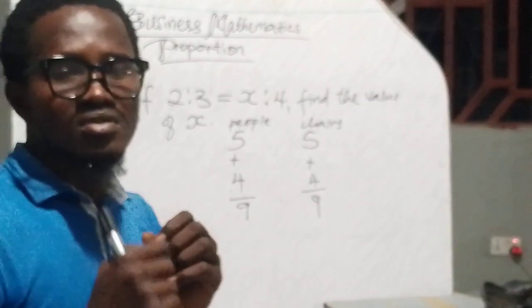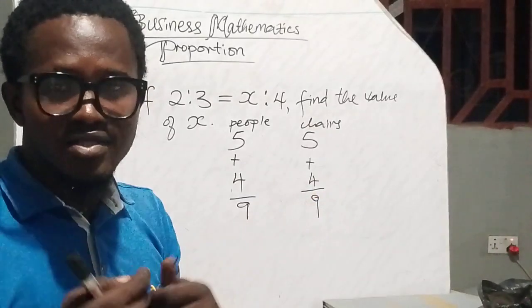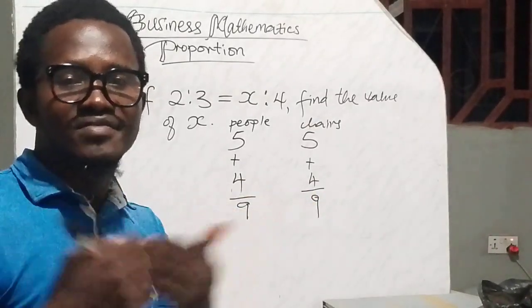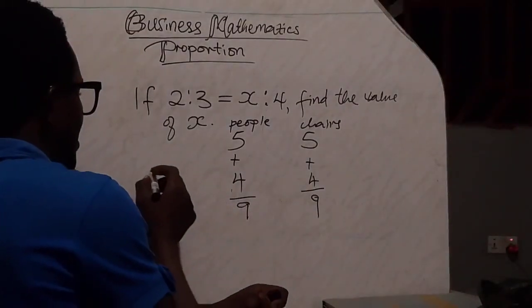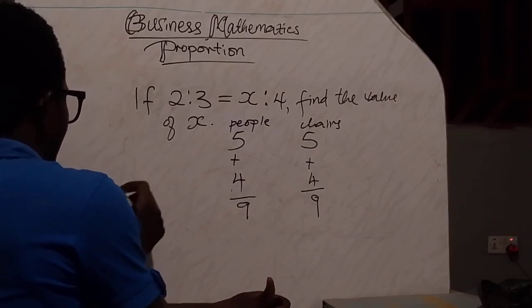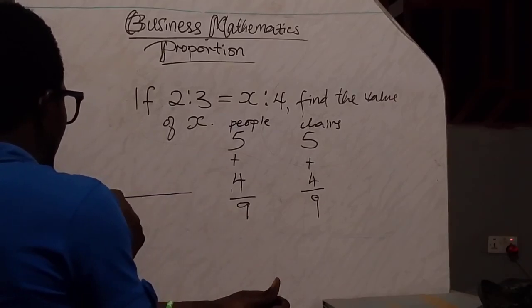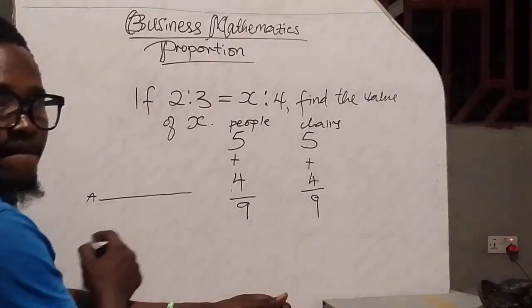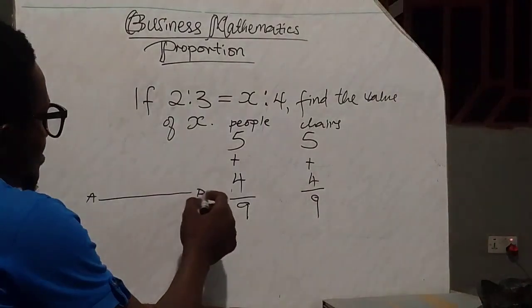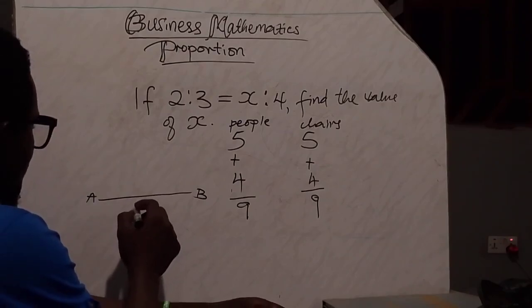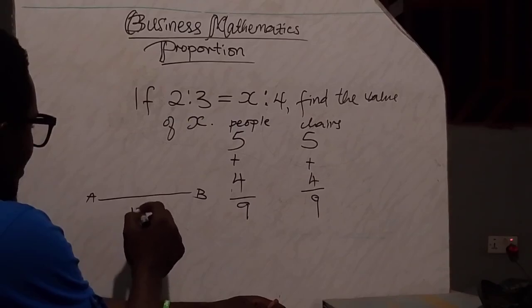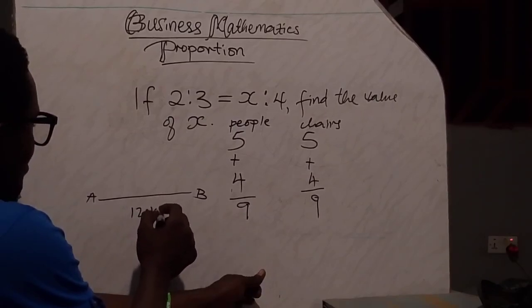Let's talk about time and speed. Suppose a car has to move from point A to point B. Let's say 120 kilometers.